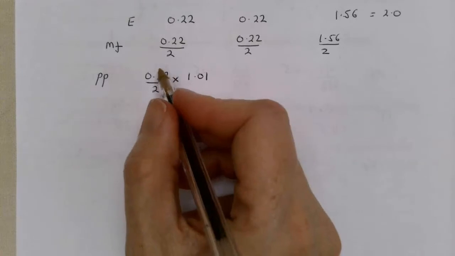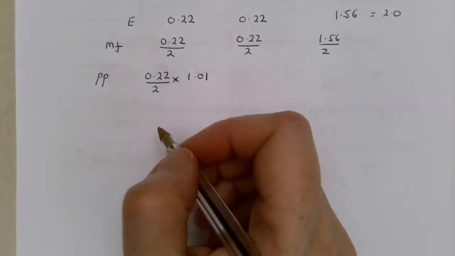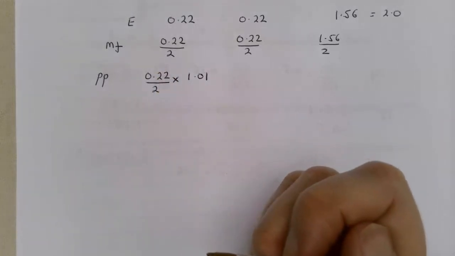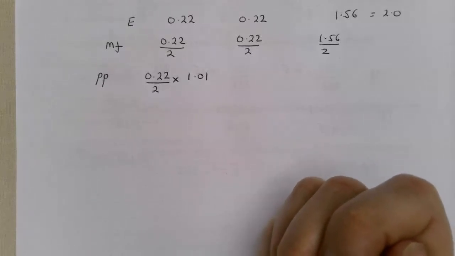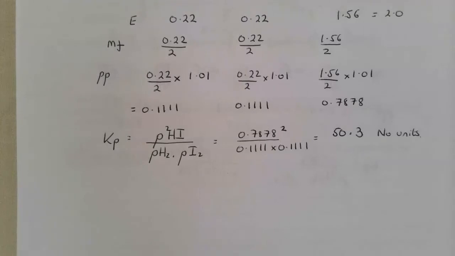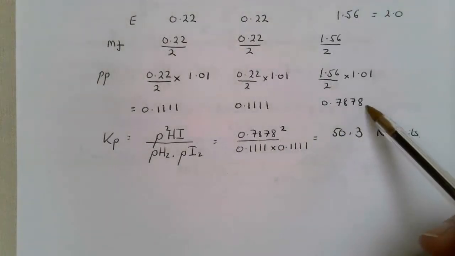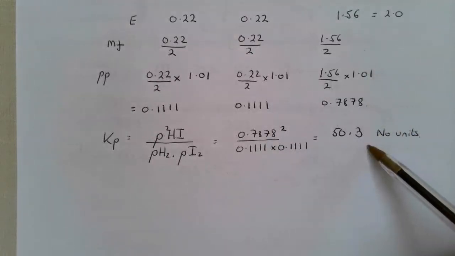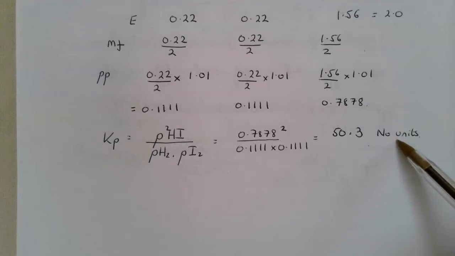If I do just want to put the mole fractions in, then the best thing to do is make a little note at the side that because the units cancel, the total pressure will also cancel, and therefore it's not needed. So it doesn't matter if you put in the numbers when you times through by the total pressure, or you just put in the mole fraction numbers, you'll come out with the same answer, 50.3, with no units.